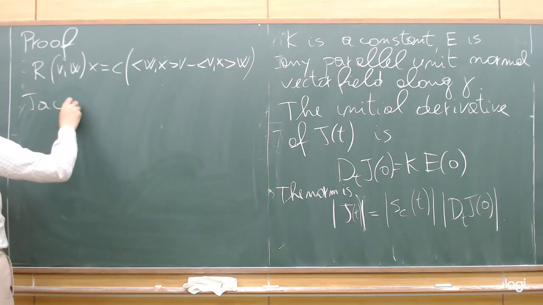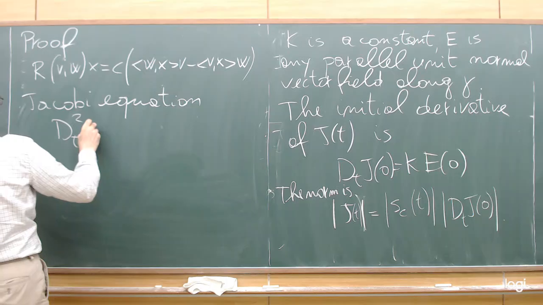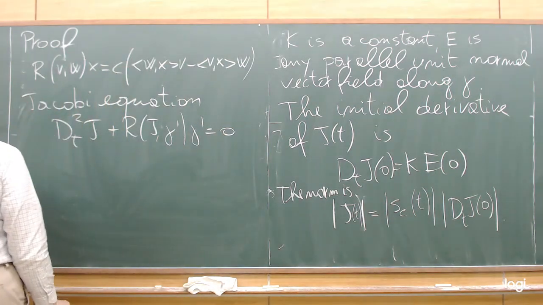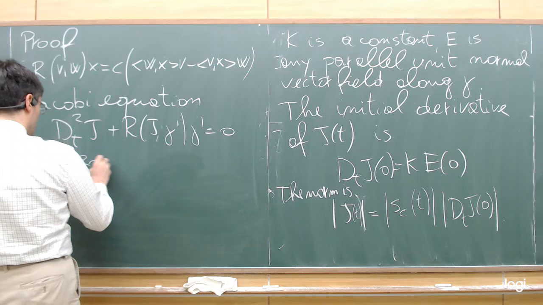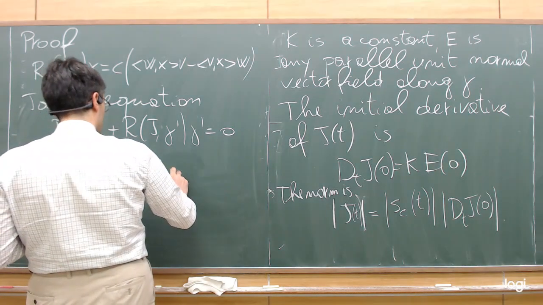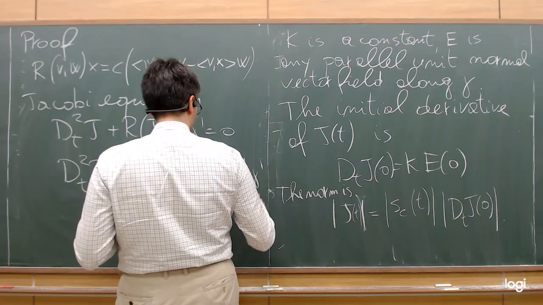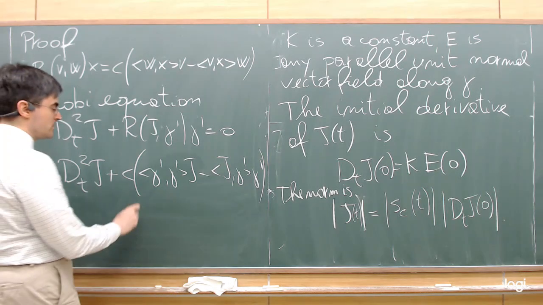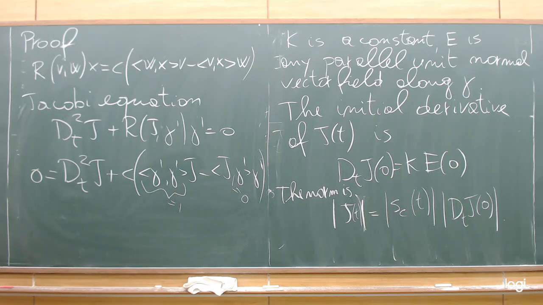Then the Jacobi equation, D_t squared J plus R(J, gamma prime) gamma prime equals 0, becomes D_t squared J plus C (gamma prime J minus J gamma prime), and this is 0, but by hypothesis this is 1 and this is 0 because we are looking at normal Jacobi fields.